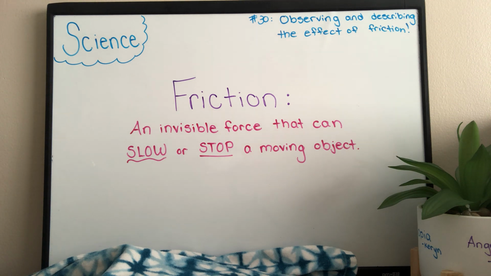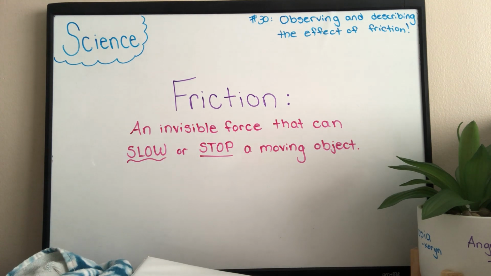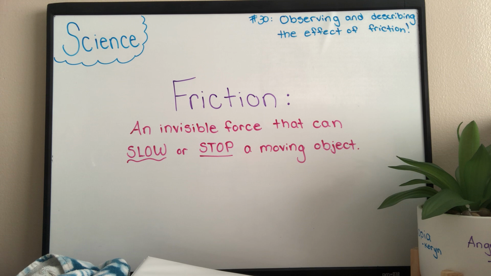So air and water can also create friction and affect how objects move. They can either slow or stop. I want you to think about running. If you're running outside, is it easier to run on a blacktop or on the sidewalk?